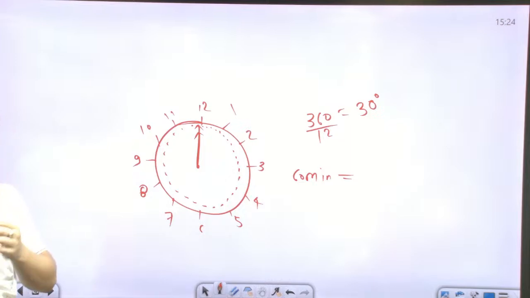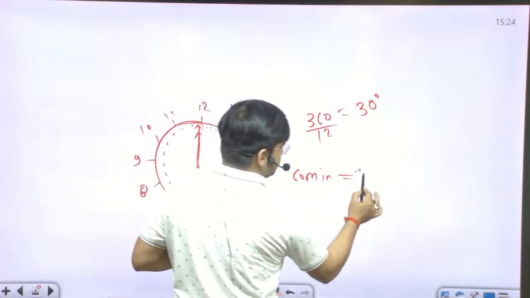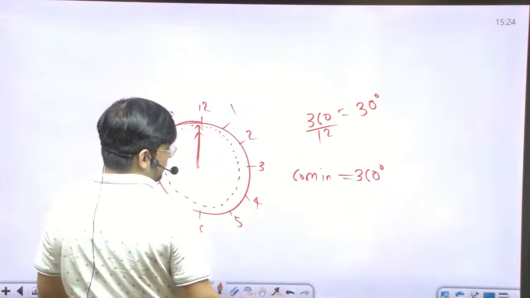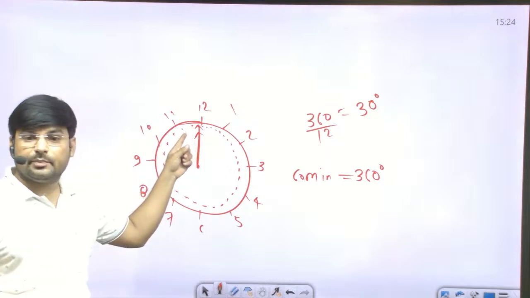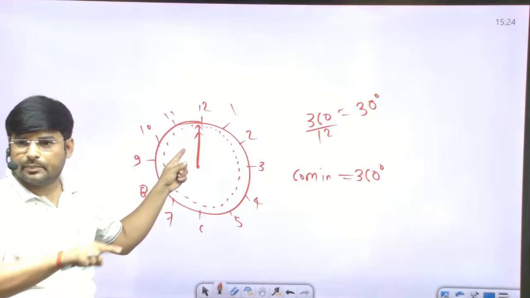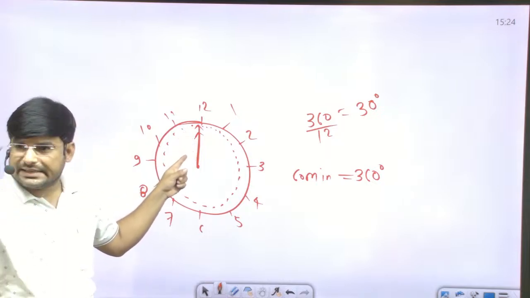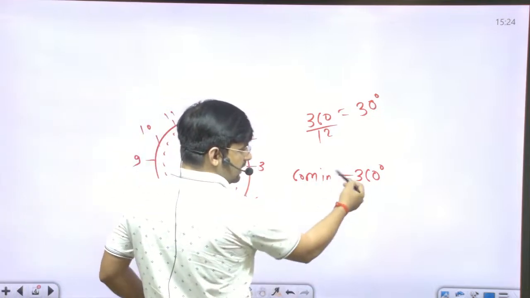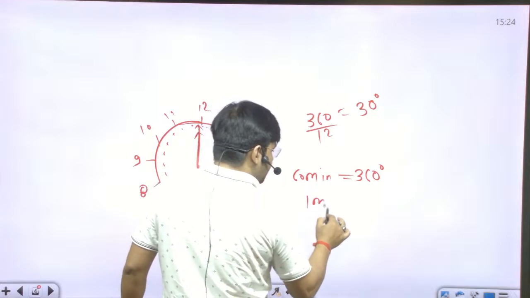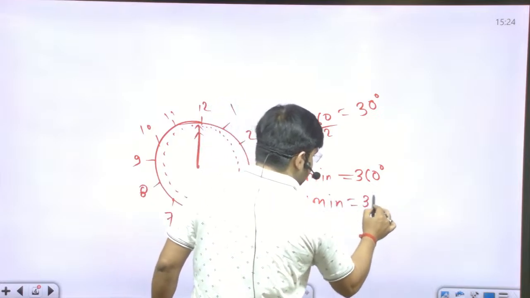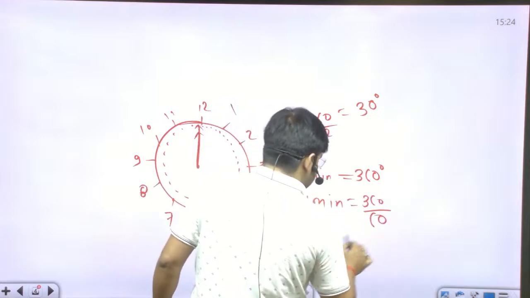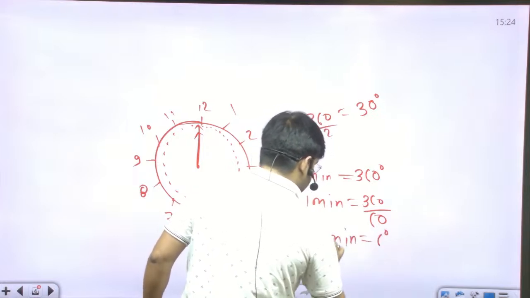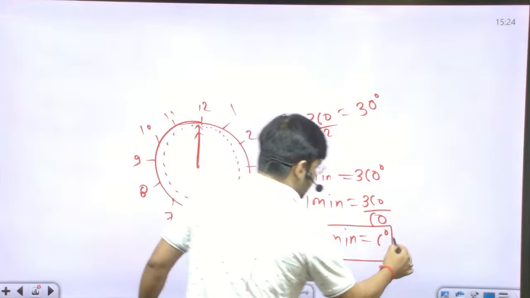360 degree, because the minute hand completes a circle. A circle is 360 degree. So 60 minutes is equal to 360 degree. 1 minute equals 360 upon 60. 1 minute equals 6 degree.